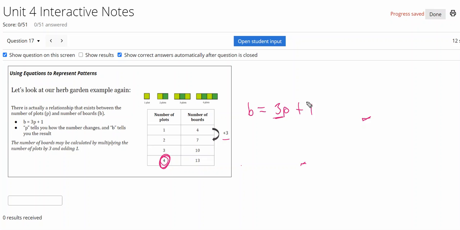Okay? But the second part of this is, where did we get this 1 from? Okay, well, let's think for a minute. The 1 is like our constant term, right? We have 1 board no matter what. Okay? So we can think of it this way, right? If we went back 1, like the number of plots, if I went to 0 on this pattern, like went 1 backwards, so instead of counting up by 3, we went down.